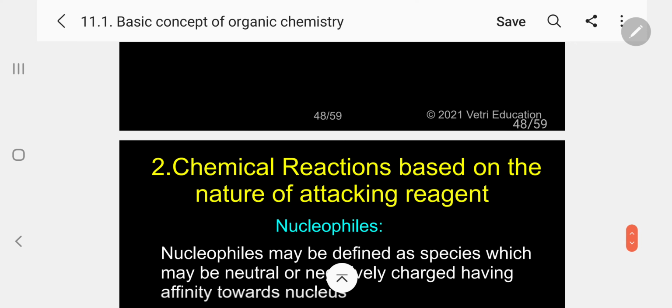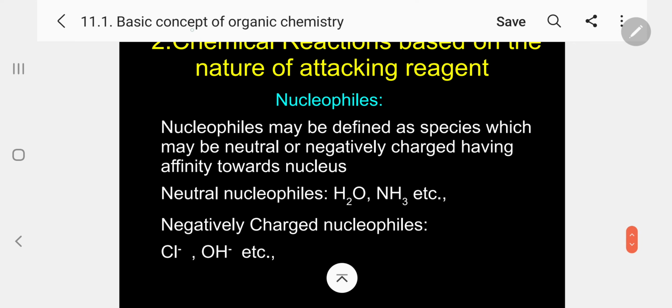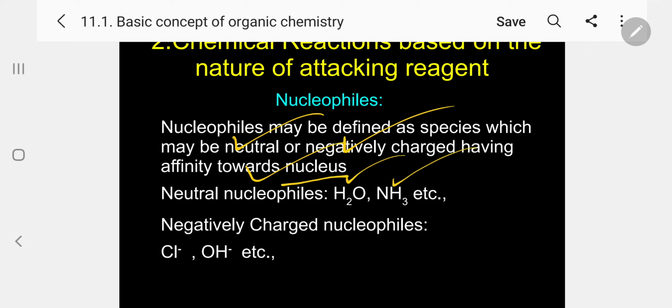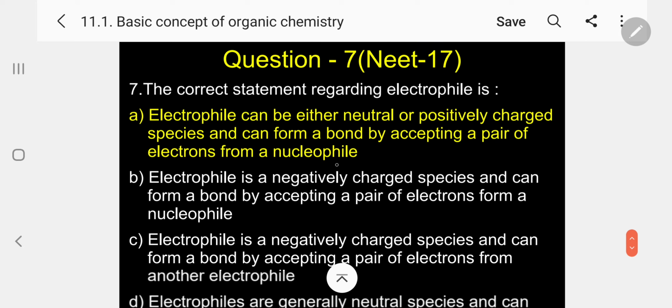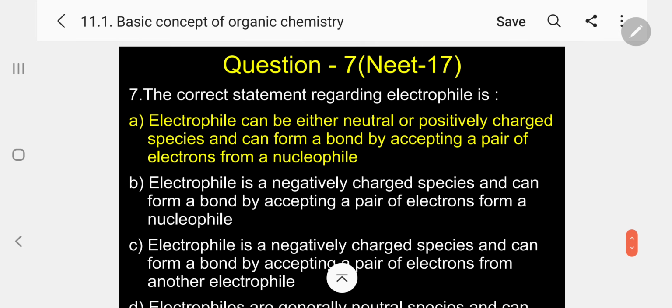So nucleophile is just the opposite. A nucleophile may be defined as a species which may be neutral or negatively charged, having affinity towards the nucleus, that is proton. Neutral nucleophiles: water and ammonia. Negatively charged: Cl minus, OH minus. So now we will come to our question. You have clearly understood the concept.